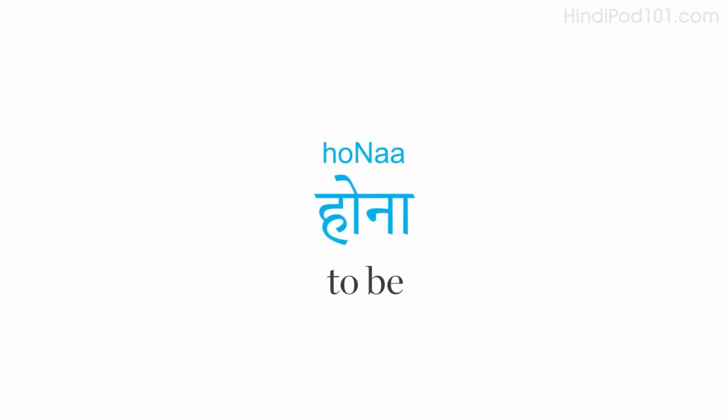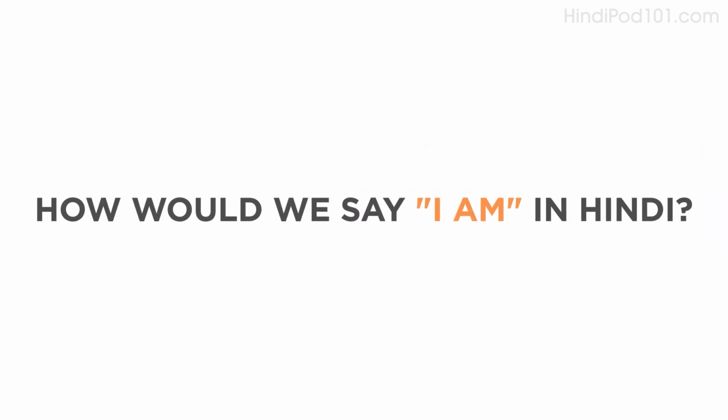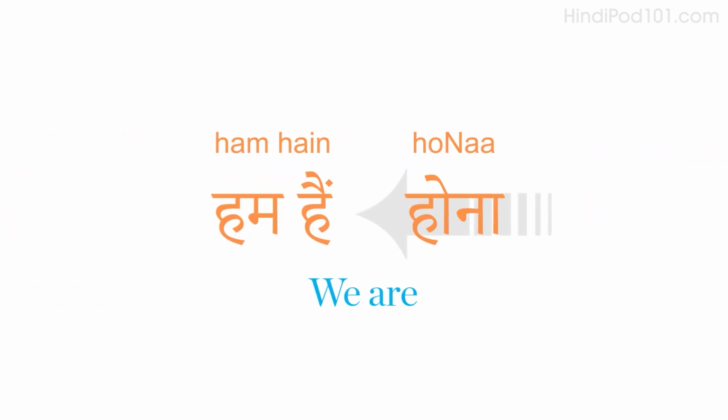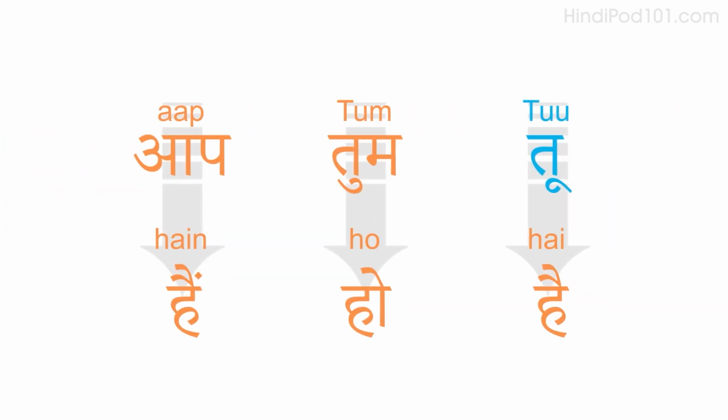It is hona. How would we say I am in Hindi? For I am, hona changes to hu. Main hu. We are becomes hum hai, where hona changes to hai. With tu, you use hai. And with tum, you use ho.